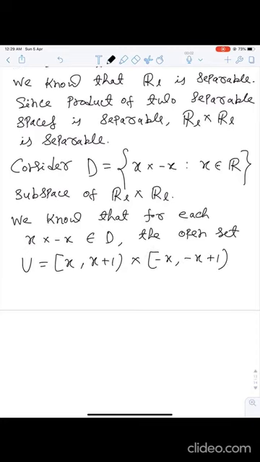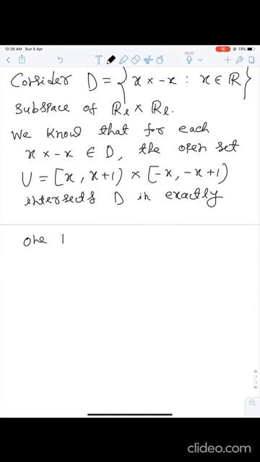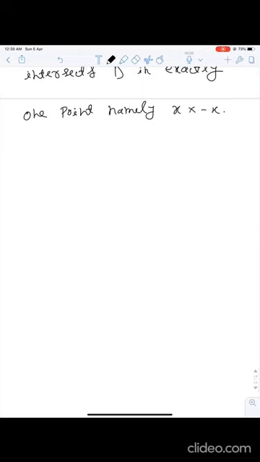Now if we take this open set, then this open set intersects D in exactly one point, right? Namely, the point (x, minus x). We can see the picture again.